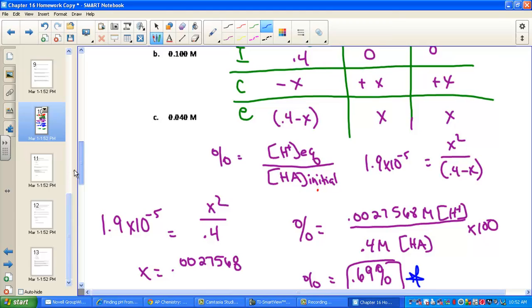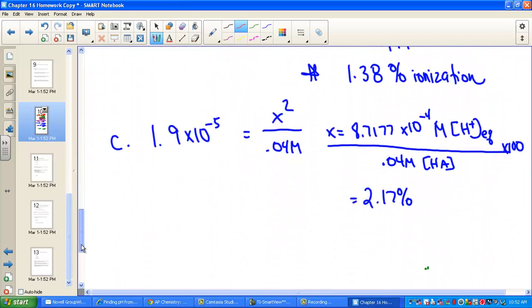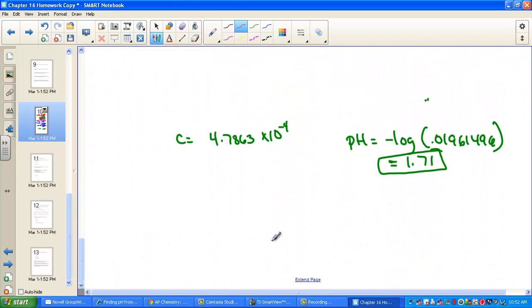So this problem really allowed us to repeat, to just additionally practice. When I want to know percent ionization, we are comparing the hydrogen ion concentration at equilibrium to the original value of the acid initially, part over whole times 100 to express it as a percent.